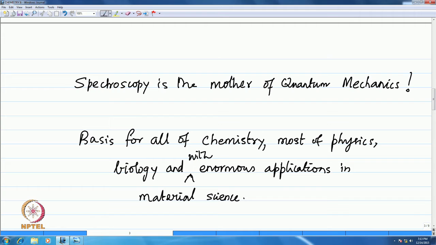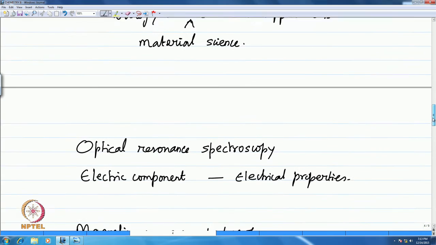My purpose in organizing this particular short course is to share with you my enthusiasm as well as excitement in learning such a fundamental course that's the basis for most of molecular spectroscopy and most of chemistry, physics, biology, and material science. We shall have a quick look and also have a focus on how the electric field of the electromagnetic radiation interacts with electric properties of molecules here.